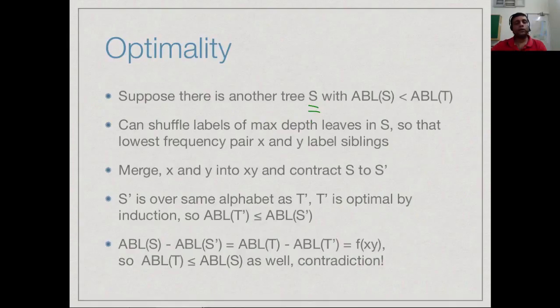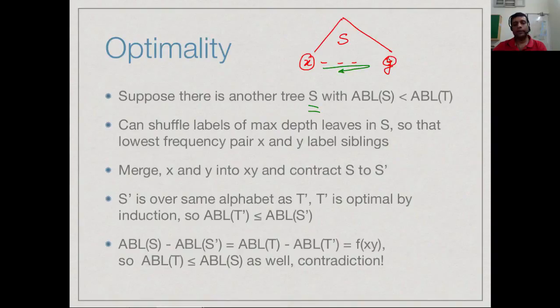Now in S, we know for sure that these two letters that we use in the recursive construction, x and y, occur somewhere at the bottom of this tree. So this is my tree S. These must be leaf nodes because they have the lowest frequencies over all the letters, so they must be at maximum depth. But they may not be next to each other. It doesn't matter, because since they are both at maximum depth, I can move them around.